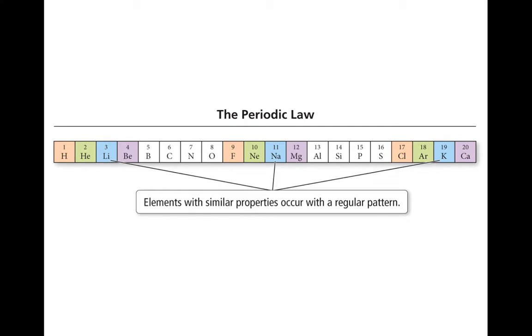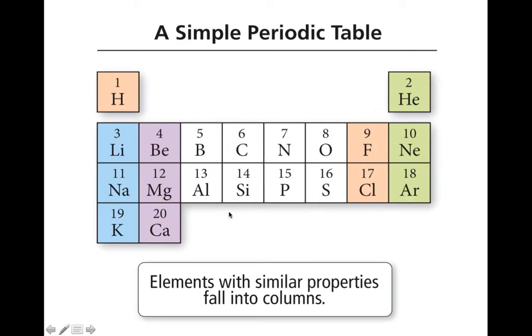In other words, as pointed out here, lithium and sodium and potassium all acted in similar fashion. They had similar chemistries. And helium and neon and argon had similar chemistries, and beryllium and magnesium and calcium had similar chemistries. So he said to himself, you know what, if we lay these out on top of each other, we can make a periodic table. That's exactly what he did.